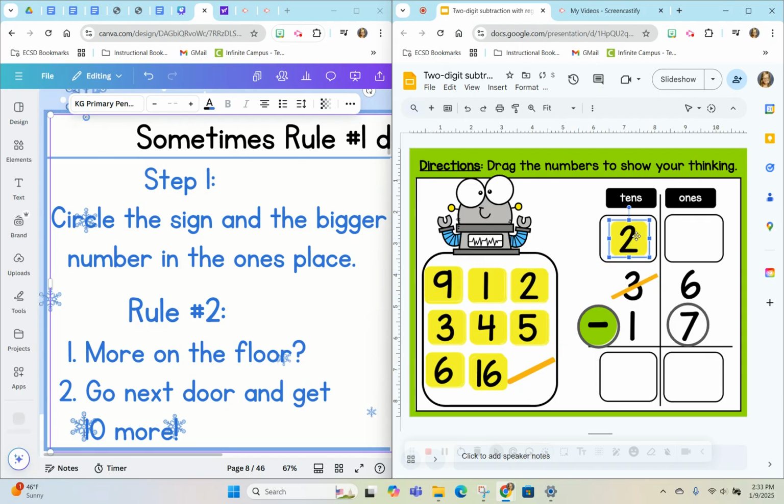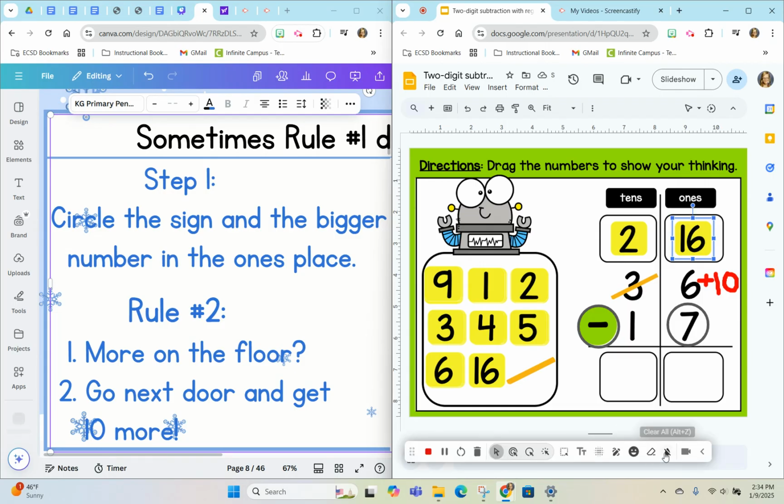We have 2 left. So now what do we do with the 10 that we took from over here? We regroup it into 10 more ones. So like I said, if it helps you, you can write plus 10 right here. And what is 6 plus 10, everybody? It is 16.